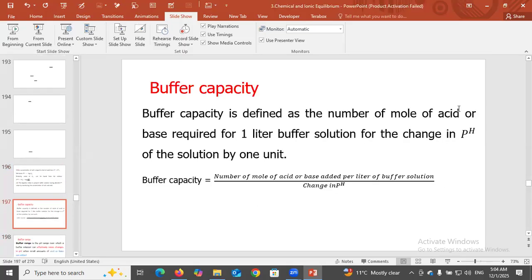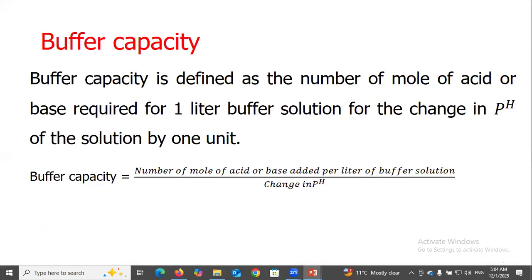Buffer capacity is defined as the number of moles of acid or base required per 1 liter of buffer solution for the change in pH of the solution by 1 unit.